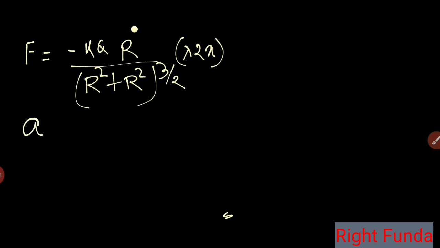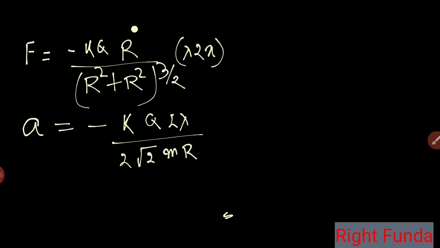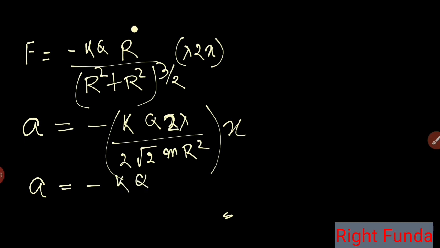From this we can calculate the acceleration. F is equal to ma, so we can substitute and get the acceleration equal to minus kQ into 2 lambda by 2 root 2 m R square, R cube and R square cancel, into x. The lambda value is not given, so we substitute lambda equal to q by 2r, where 2r is the length of the rod. Then the acceleration comes out to be equal to minus kQq by 2 root 2 m R cube into x.